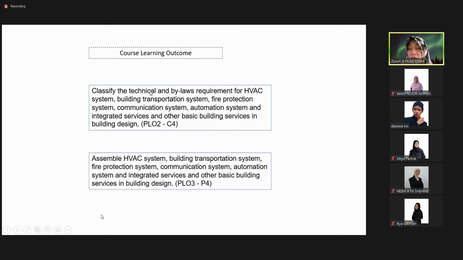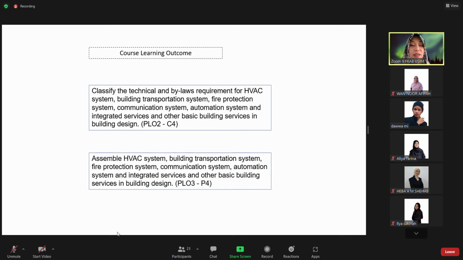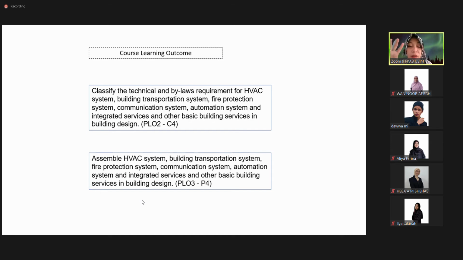At the end of my lecture, you already can design, assemble, meaning that you know the function, you can describe, you can detail up the explanation why you are using this, what kind of air conditioning system that you will use in your building. Okay, kita mahu yang macam ni, student yang boleh classify dan assemble means to describe, to explore, and to determine what kind of aircon system. Okay, that's why.